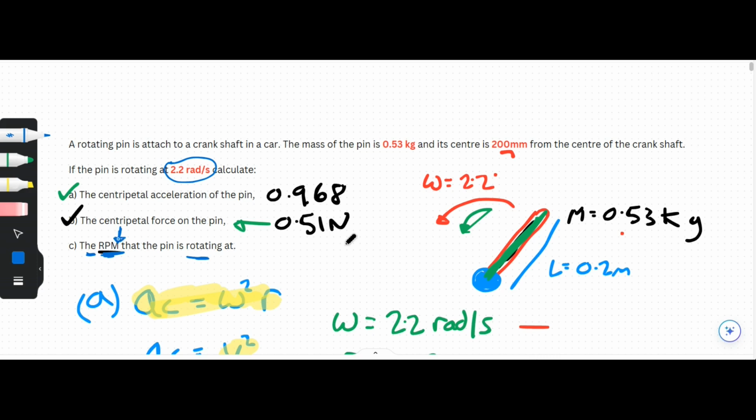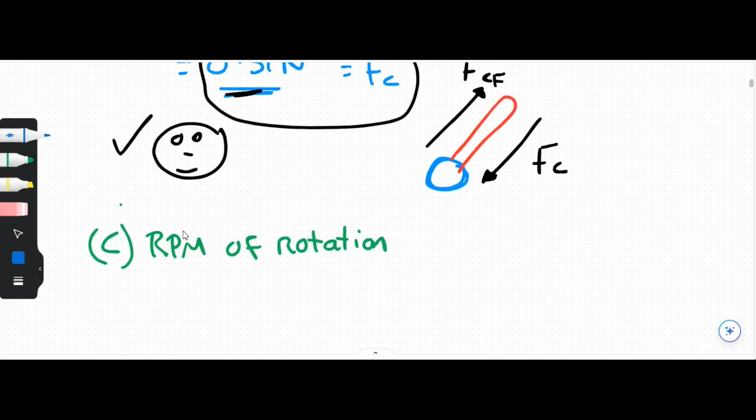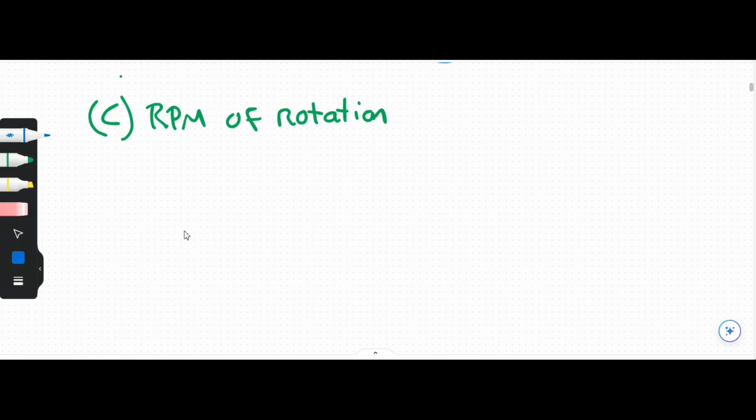Because most things, although radians per second is the unit of angular motion, you will probably see it more often as an RPM, revolutions per minute, in your car, on your lathes, in the workshop. Okay, so there's a little conversion factor to do that. To go from an RPM, revolutions per minute, into radians per second, we've got to multiply it by 2 pi over 60.